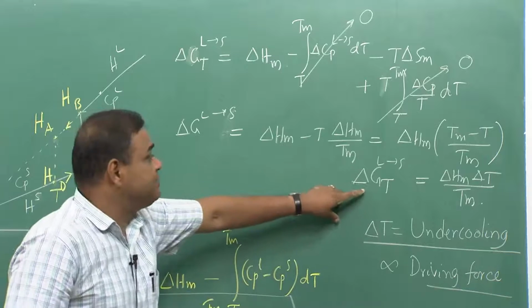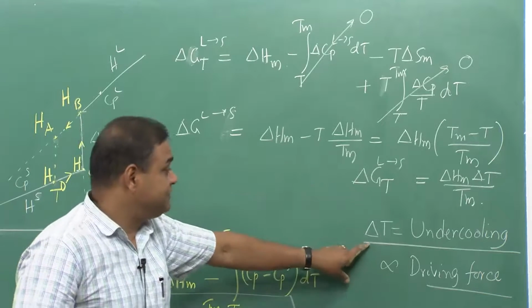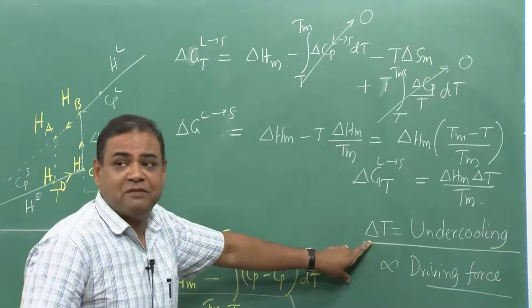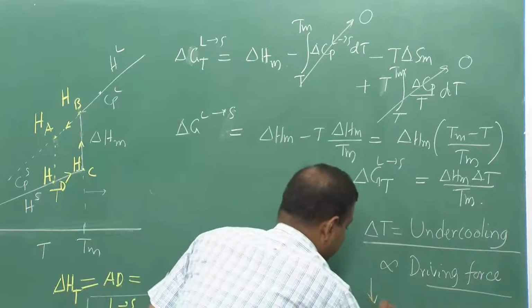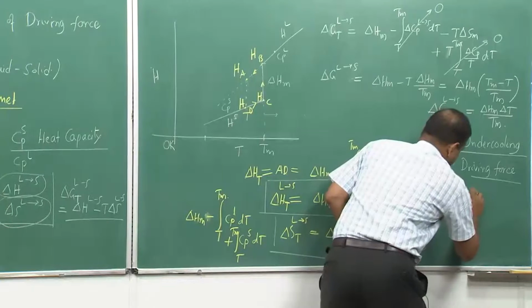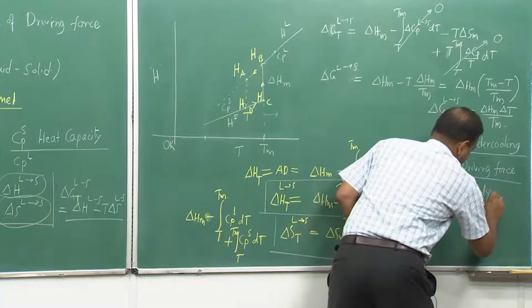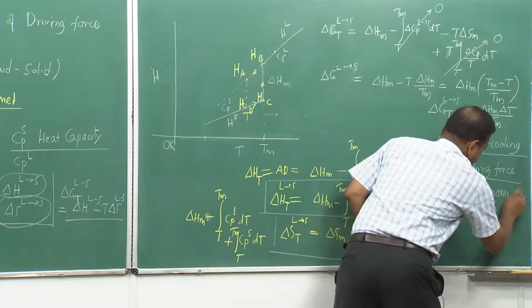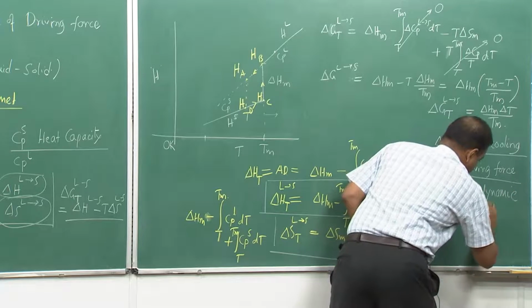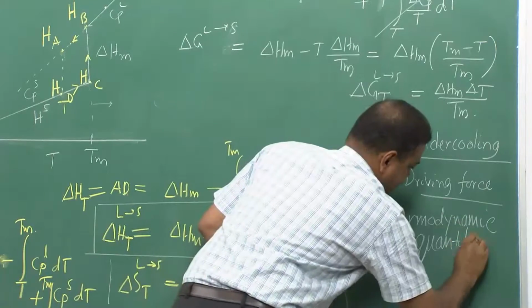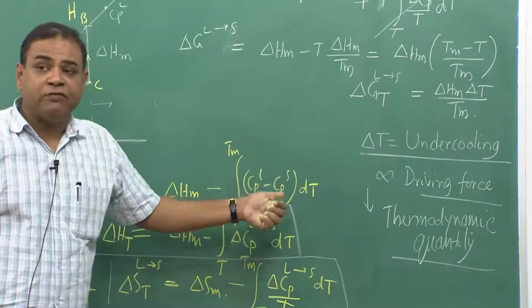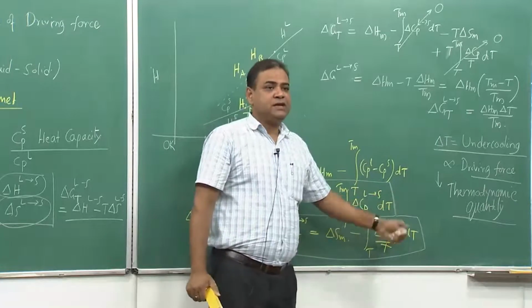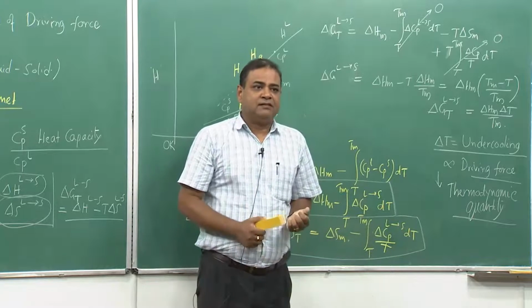This is a thermodynamic quantity. So if this is proportional to driving force, then undercooling also becomes a kind of thermodynamic quantity. I think let us stop here. We will continue in our next lecture. Thank you very much.